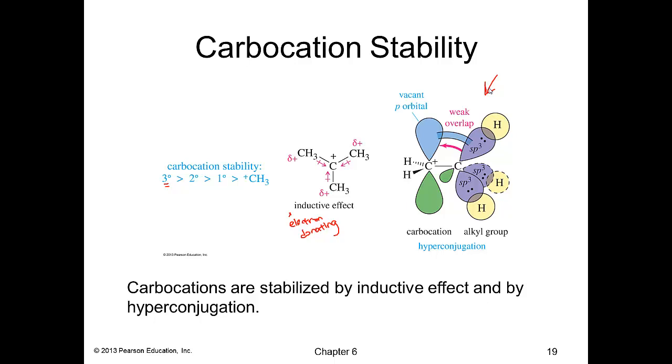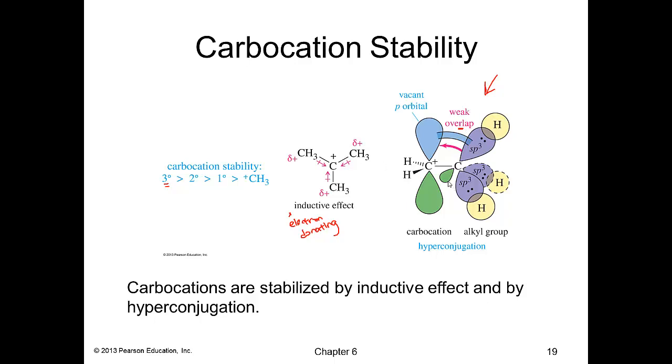That's all. This weak overlap is not possible if I have a hydrogen attached to this C+. I can only allow for hyperconjugation to take place if I have an sp3 hybrid orbital, because they are of similar shape and the distance is close enough for overlap to take place.